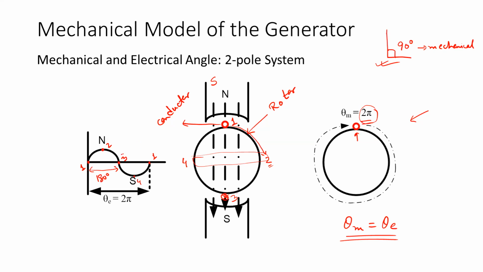Again, when you go from south to north, you go another 180 degrees. While discussing theta m, I told you that your theta m is not dependent on the stator or the number of poles that you have. One complete revolution of your rotor will always give you 2 pi angle. There is no deviation from that.